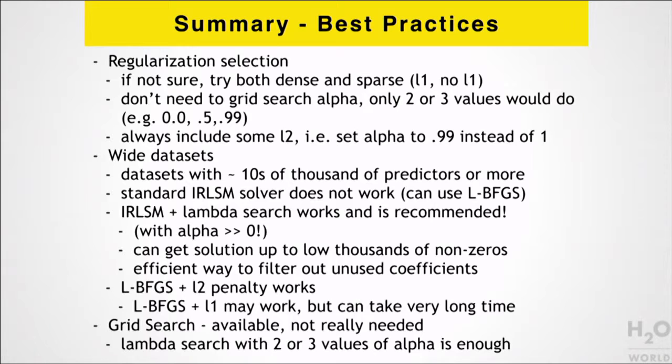And also your model will be sparse, which is often a benefit. You can also run LBFGS with L1 penalty, but that one doesn't always run fast. It sometimes tends to iterate for a long time. So often when I run with L1 penalty, even on a wide data set, I prefer to run lambda search with iterative reweighted least squares over LBFGS. But it depends on the case.